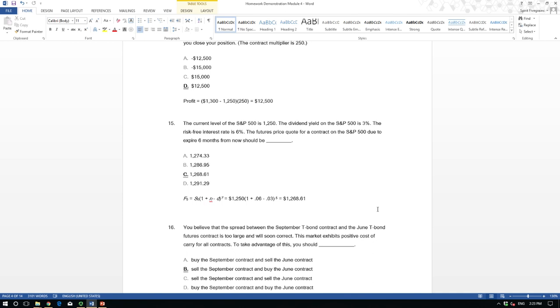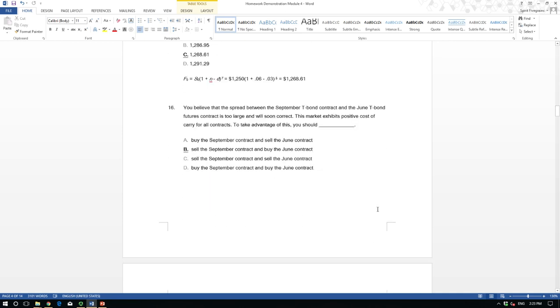Current price 1250 times 1 plus the interest rate minus the convenience yield, which is equal to the dividend yield of 3%, raised to the power of a half because this futures contract will expire in 6 months, and that will give you 1268.61.